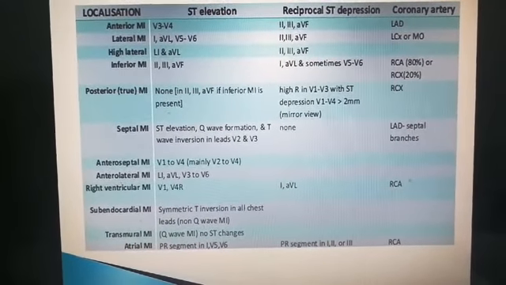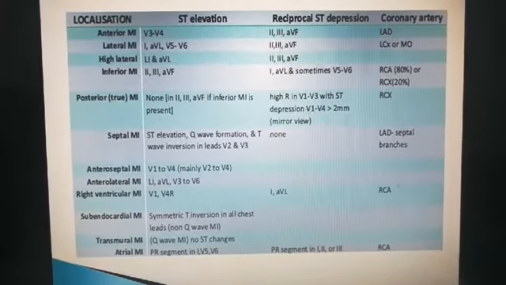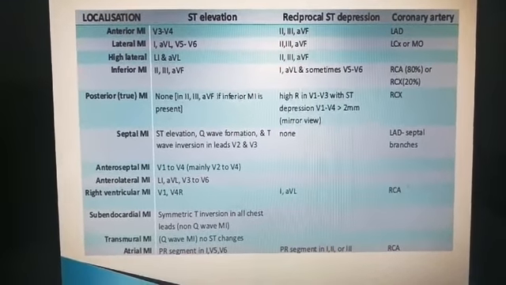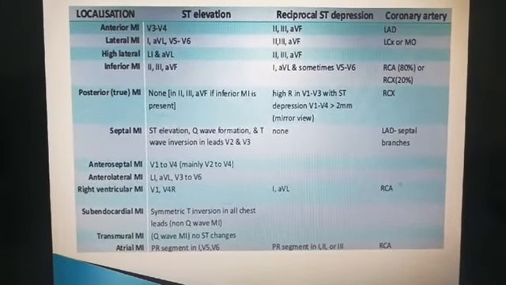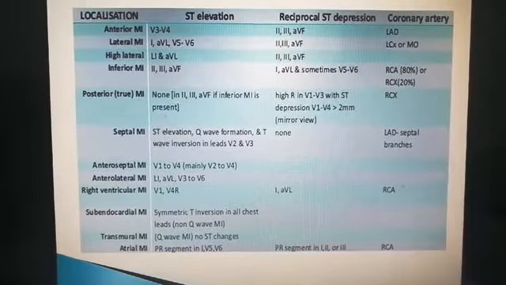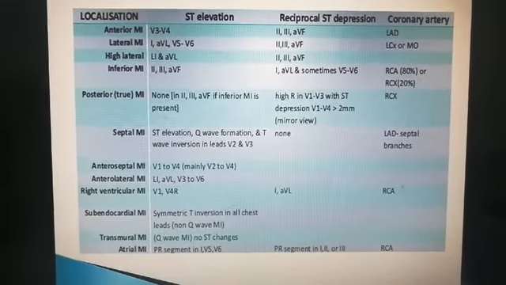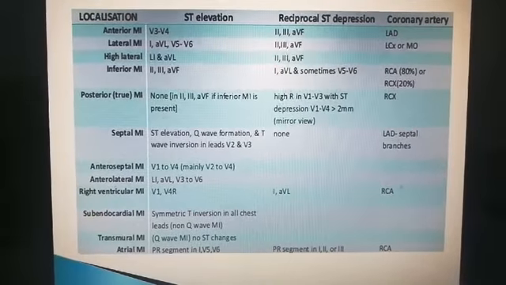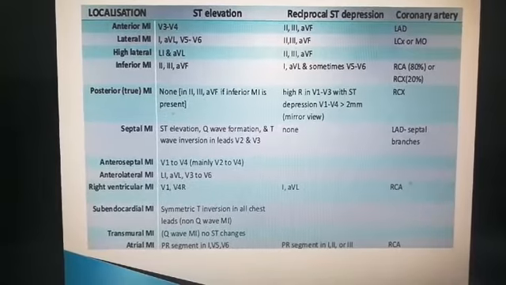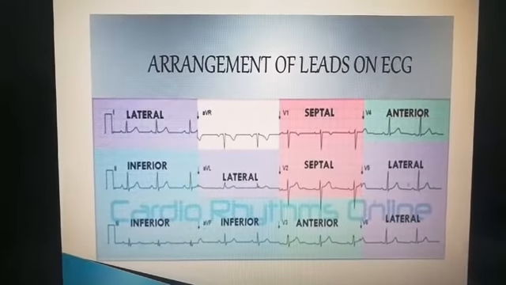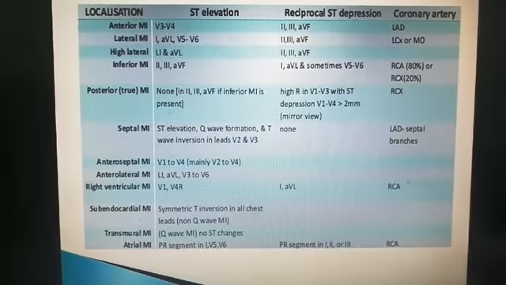I will tell you about the Q wave formation in the coming slides, how the Q wave is formed, and T wave inversion in leads V2 and V3, and the left anterior descending artery and the septal branch of left anterior descending artery is involved. You can see also here the septal area V1, V2.